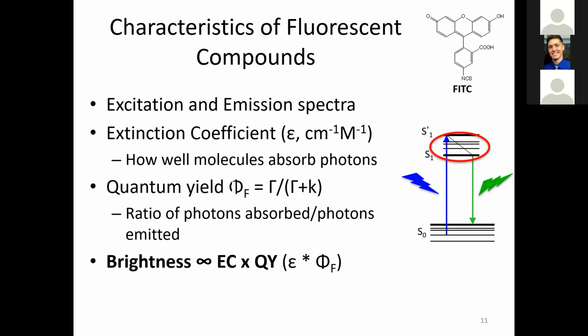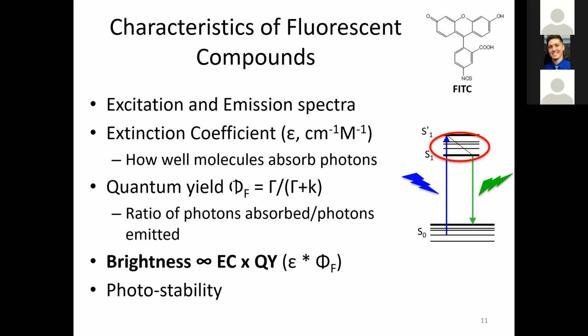And that gives us our brightness: the extinction coefficient times the quantum yield. When you're looking at your fluorophores, the product sheets and the information from the manufacturer, or if a fluorescent protein has been created, you should look at these values, and you should know, based on these values in comparison to other fluorophores, how bright you expect them to be.